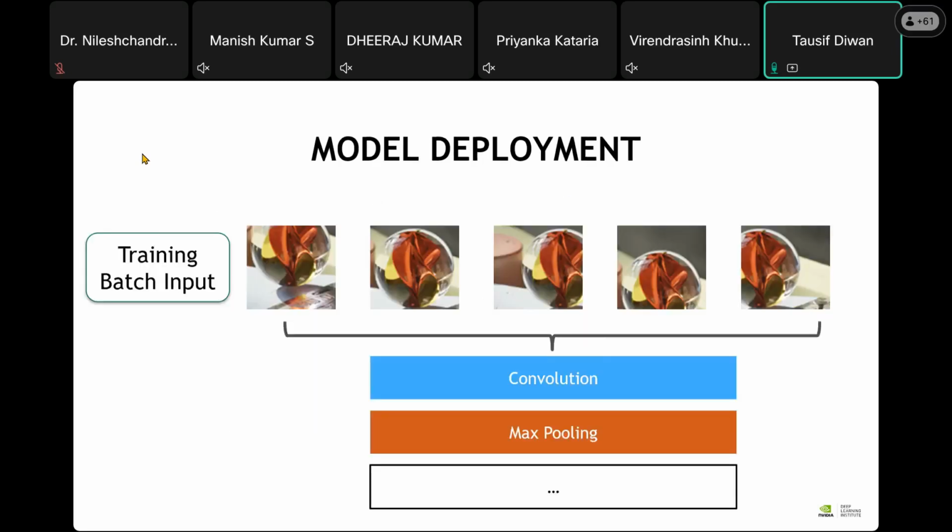Two things are stored: the model structure, the architecture, like how many neurons are in the first layer, how many in the second layer, what the first layer is, what the second layer is, whether it is batch norm, whether it is ReLU, and so on, and the final updated trained parameters.